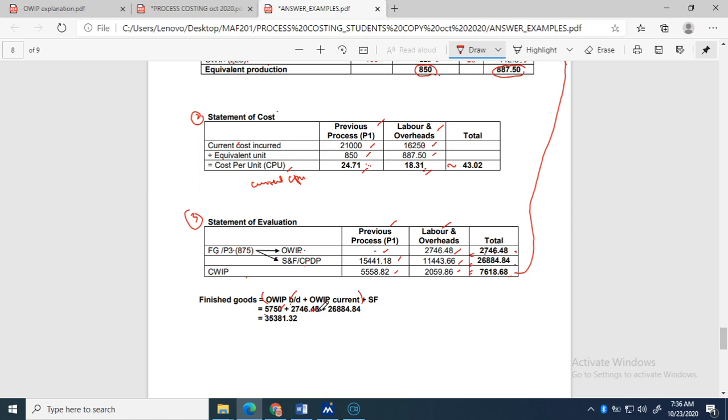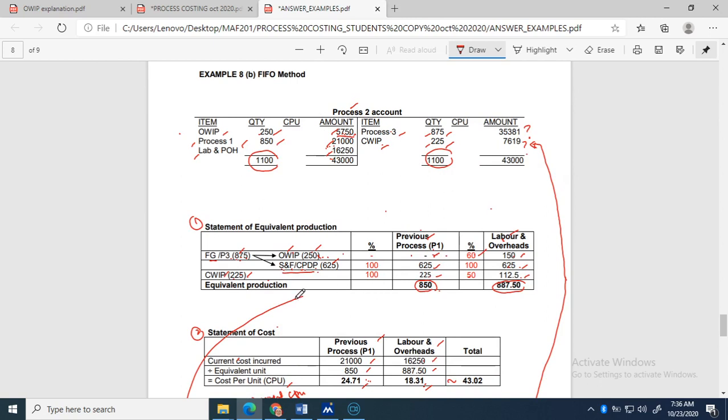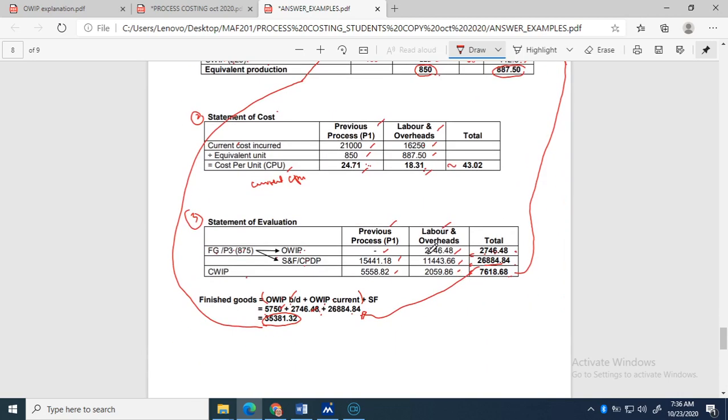So you get the total OWIP, the last period cost that you used and the current period cost that you used, plus started and finished. So this is started and finished, 26884.84. So you get here finished goods. This finished goods will be transferred to the process account. 35381, you round off the figure, 35381.